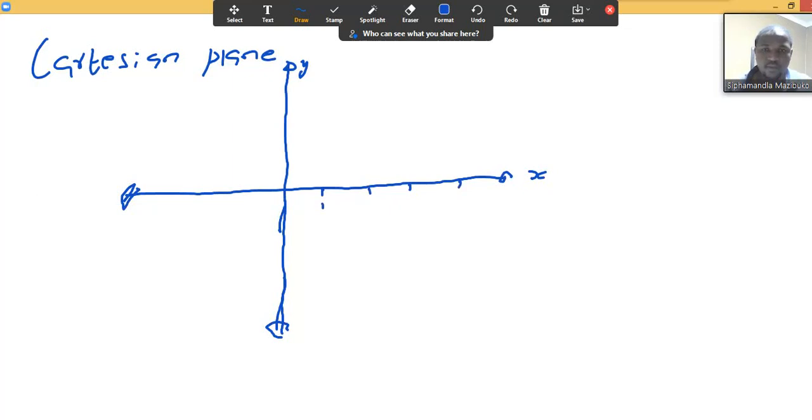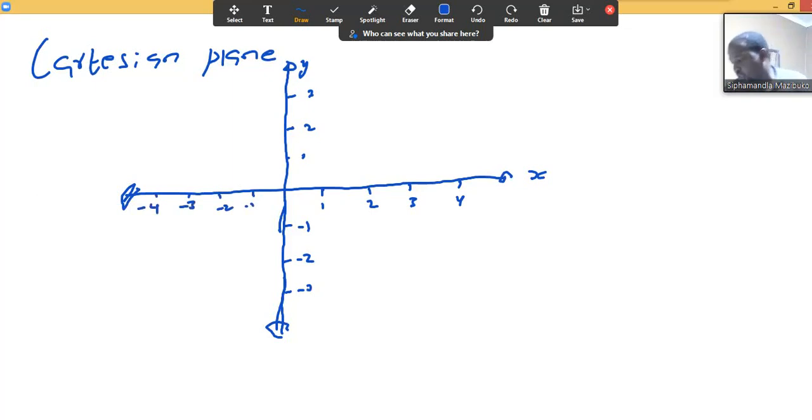And you can look at this one: 1, 2, 3. So this is -1, -2, -3. Then you have 1, 2, 3, 4. So this would be -1, -2, -3, -4.